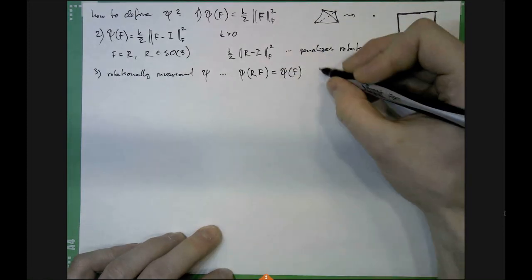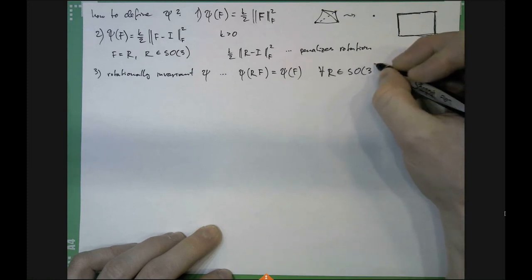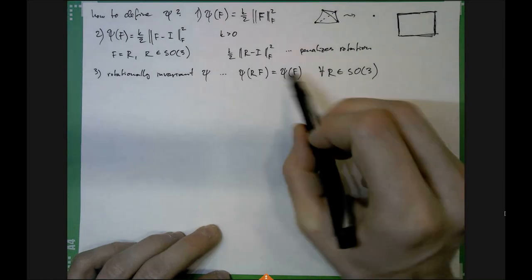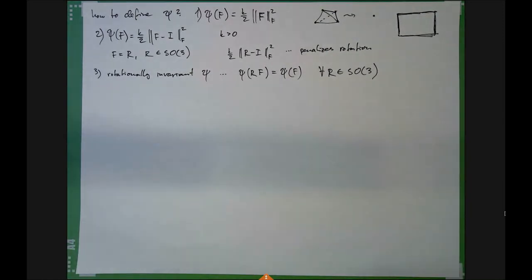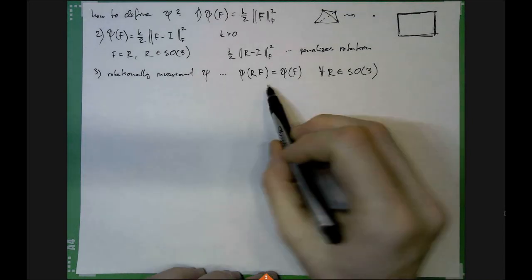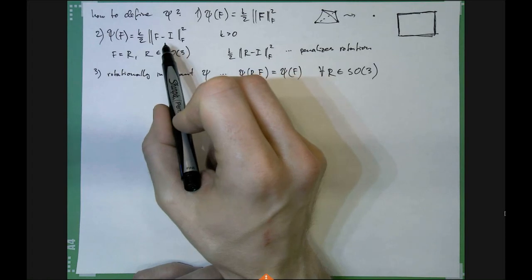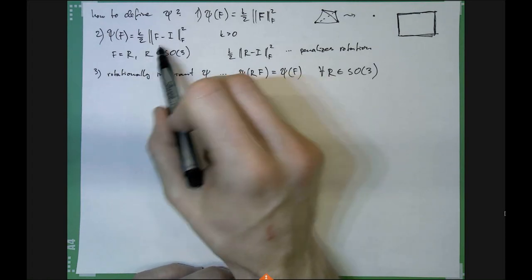And that should be true no matter how big the rotation. So the idea is, if after my deformation I turn it, I should get the same energy. Obviously that's not true for this energy. Too bad, because this is a nice, easy quadratic energy.